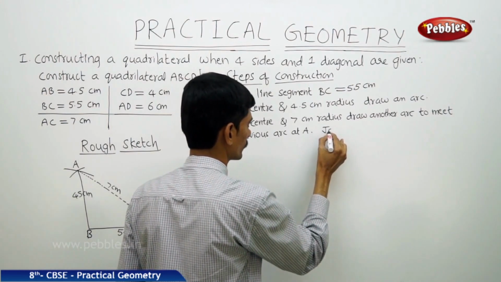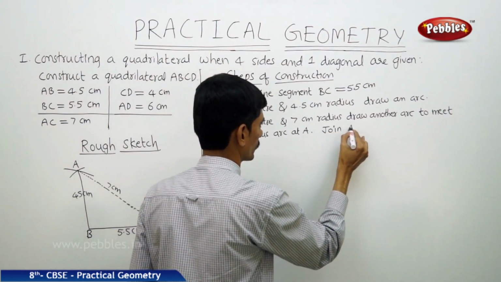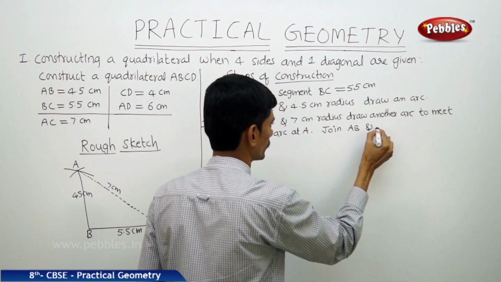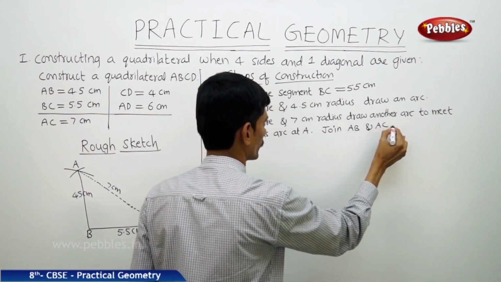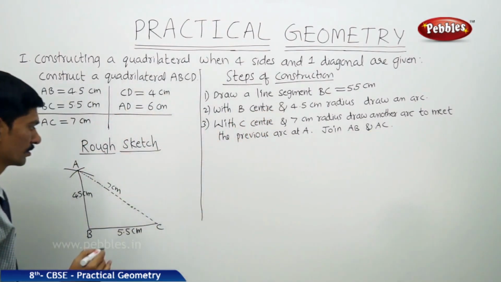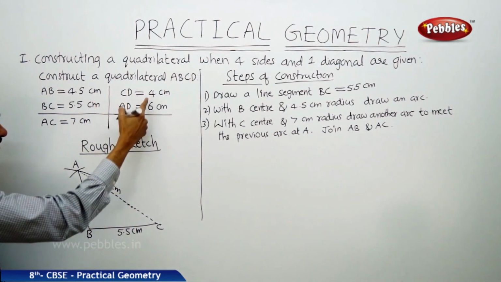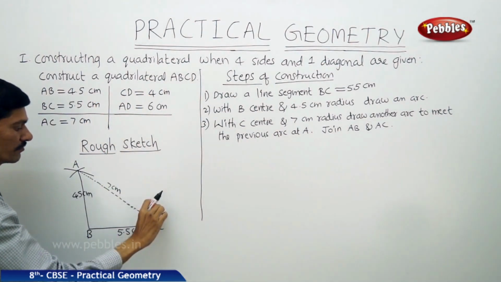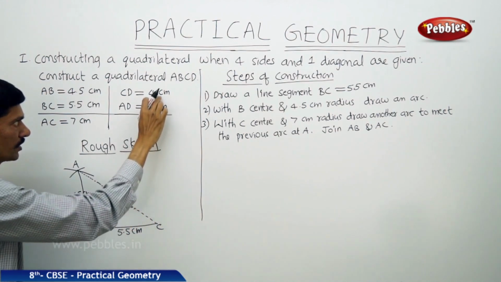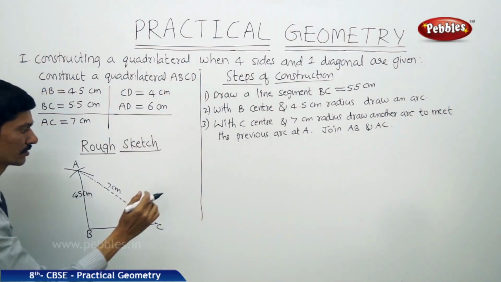Join AB and AC. Then CD is given as 4 centimeters. So with C as center and 4 centimeters radius, draw an arc.